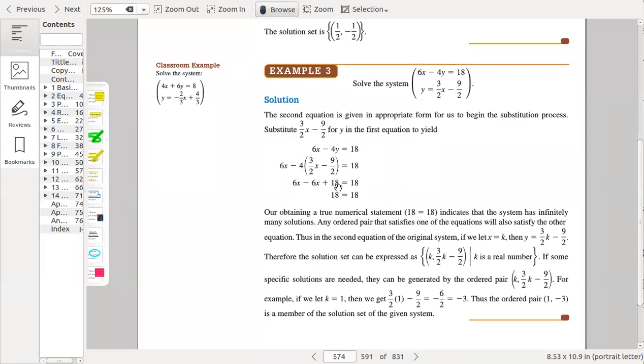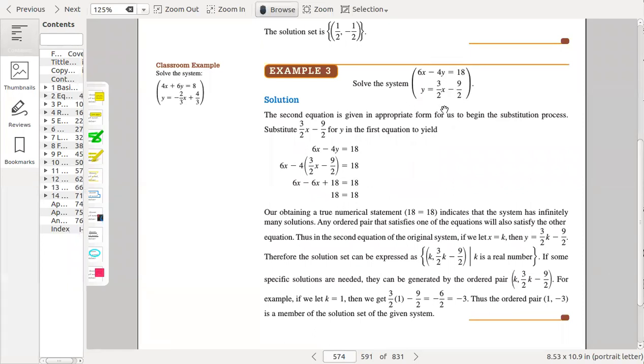So it is difficult to find what is the y and what is the x, but we can suppose a single variable value. For example, if you consider this equation y is equal to 3 by 2x minus 9 by 2, here you can have x is equal to 1, 2, 3, 4, 5, and you have a corresponding value of y's.